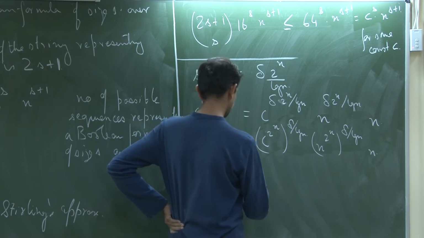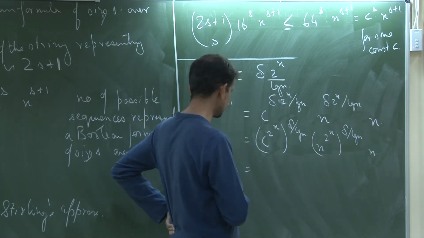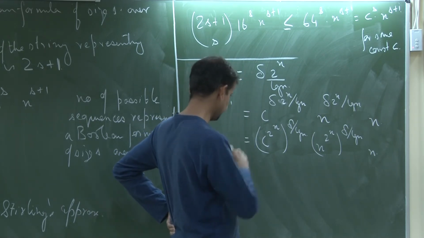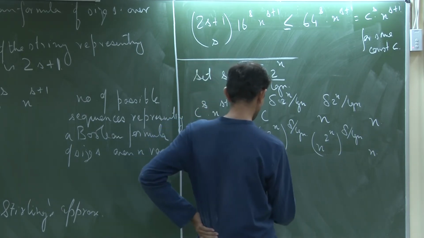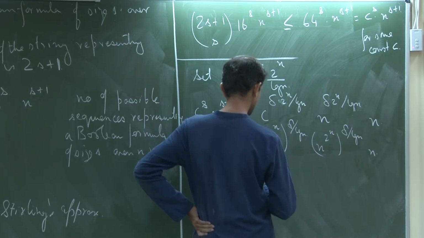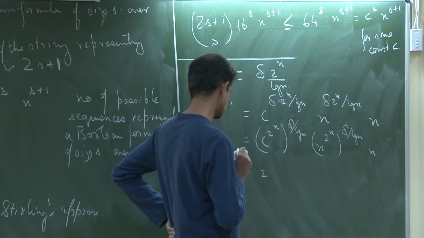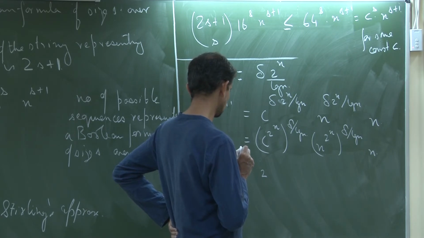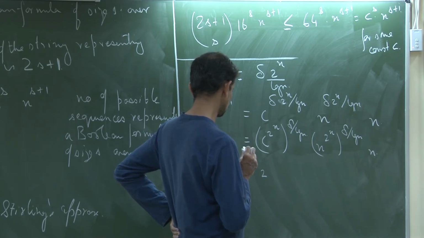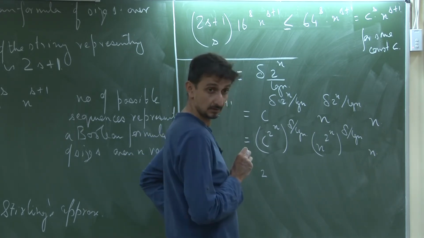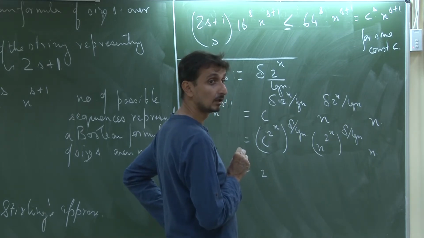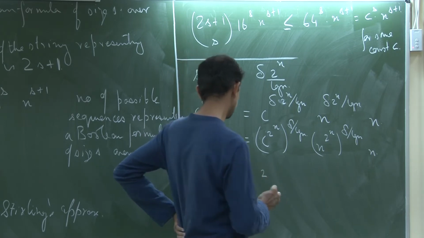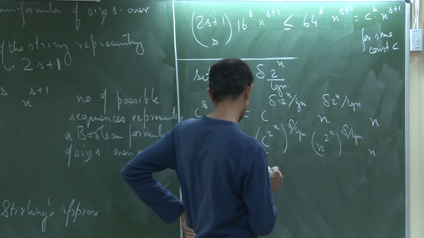Now, I want to write both these as base 2. So, what would that be? 2 to the power n times log C.